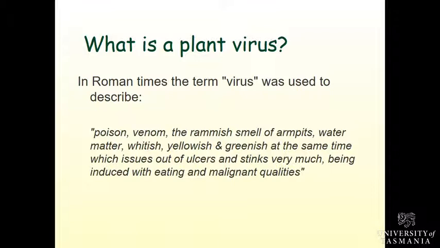That's great. Whitish, greenish, yellowish, all at the same time, which oozes out of ulcers, and it's not nice. It's horrible. That's clearly bacterial. It's not a virus. But that's when the term was first made. So virus was something that's a bit nasty and horrible and causes disease. Yuck.